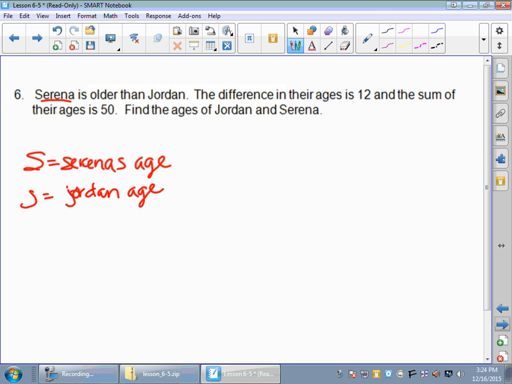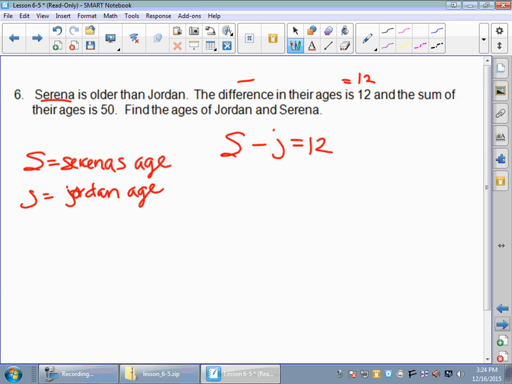That's important when we talk about subtraction. The difference in their ages, we're going to subtract their ages, is equal to 12. So to subtract and get a positive 12, that tells us that we're subtracting Jordan from Serena, and it equals 12. If you do that in the opposite order, it will not work out.